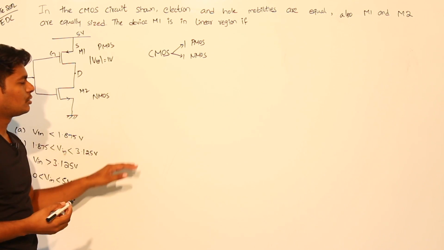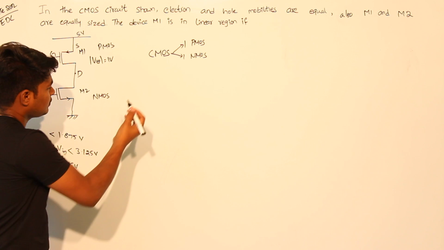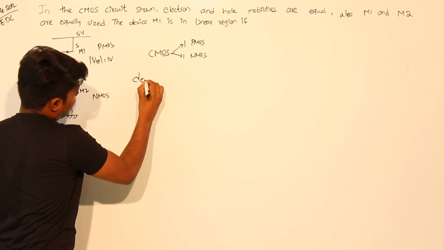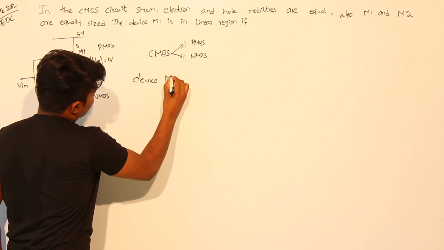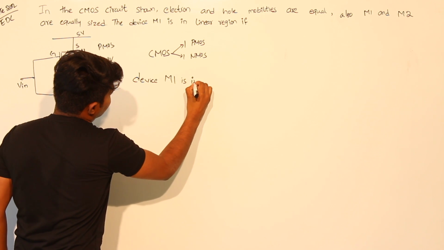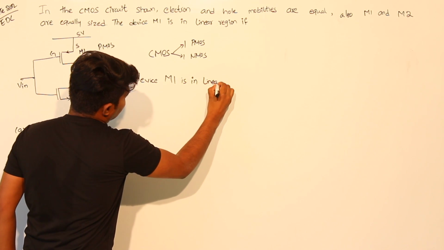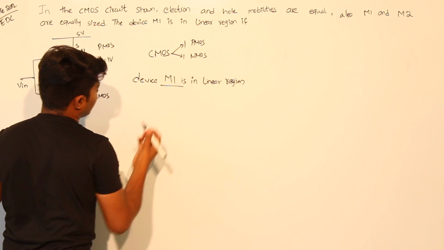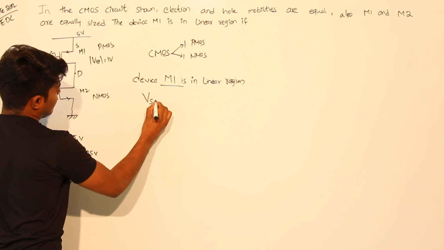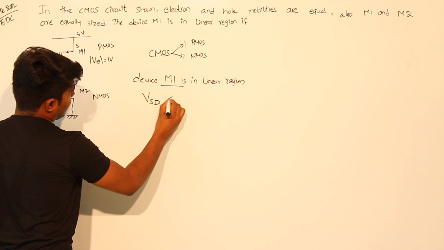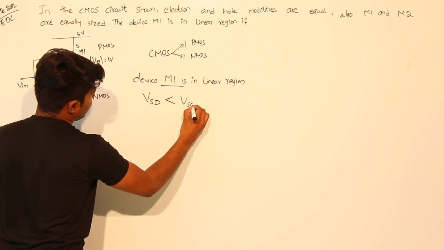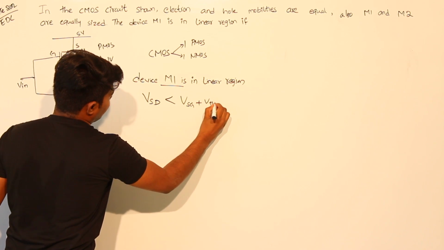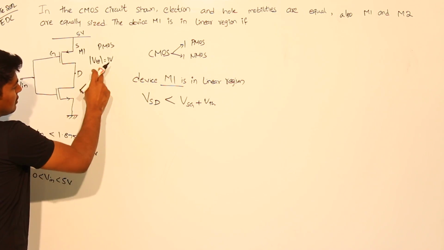So it has to hold one condition. Device M1 is in linear region if VSD less than VSG plus VTH, where VTH is the threshold voltage given as 1 volt.